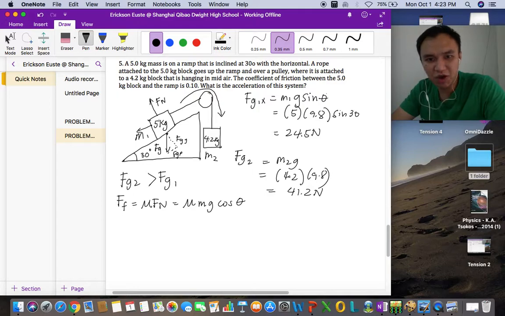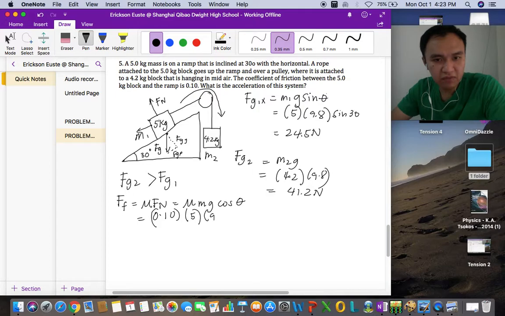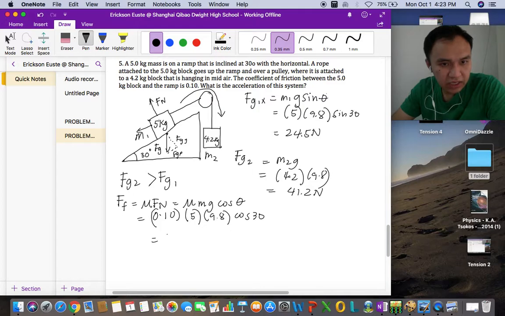This is Fgy. So you're considering this. All right. So we can have 0.10 times the mass is 5 times 9.8 cosine 30. The answer for that is 4.2 newtons. So the force of friction is 4.2 newtons.